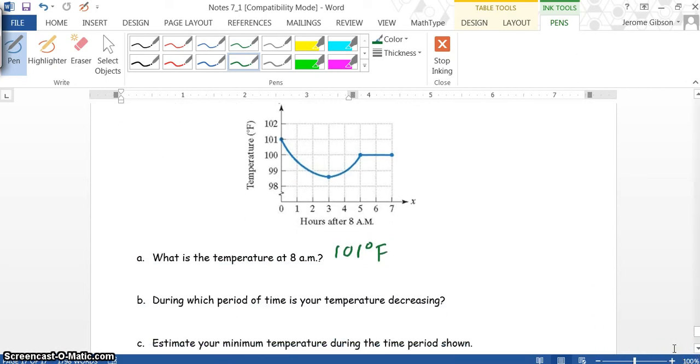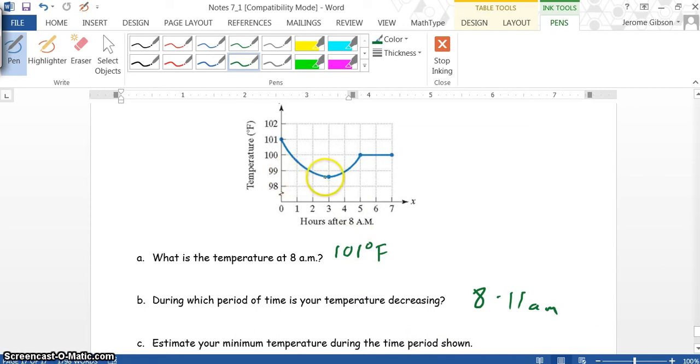Now it says during which period of time is your temperature decreasing? Now if you notice here, it's decreasing from 8 a.m. to 11 a.m. So it's from 8 to 11 a.m. Estimate your minimum temperature during the time period shown. The minimum temperature would be here.